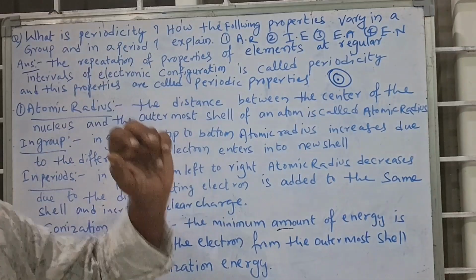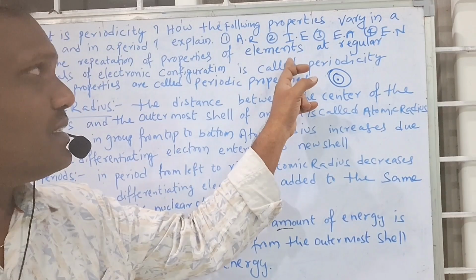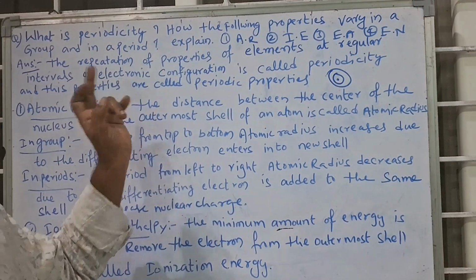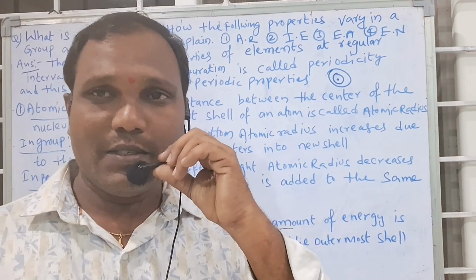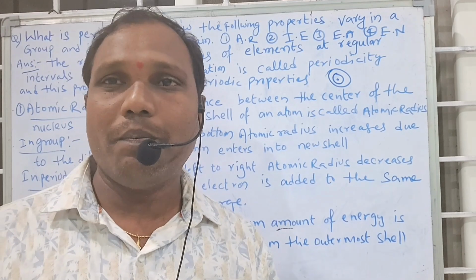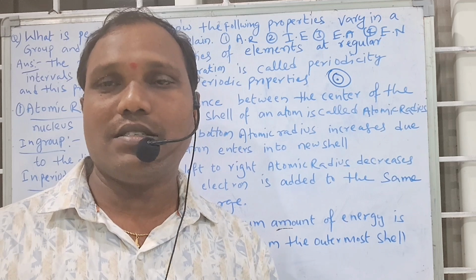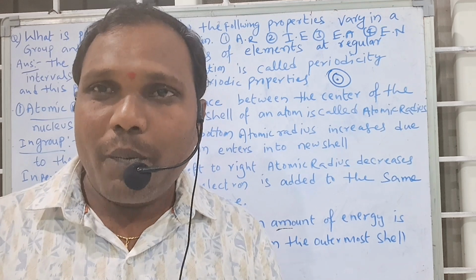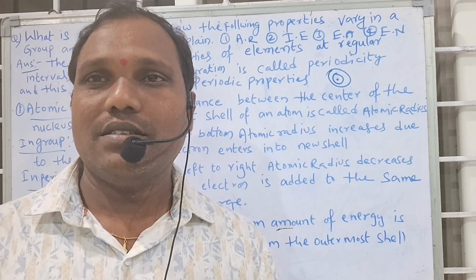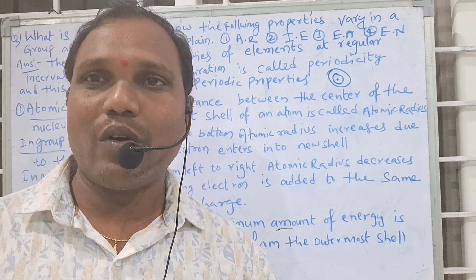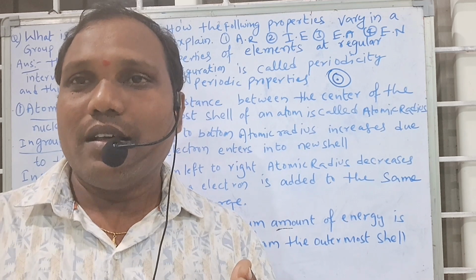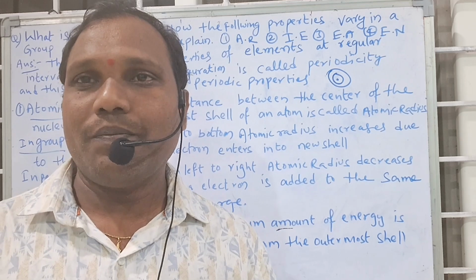The repetition of properties of elements at regular intervals of electronic configuration is called periodicity, and this property is called a periodic property. That means the properties change from one element to another with increasing electron configuration at regular intervals.